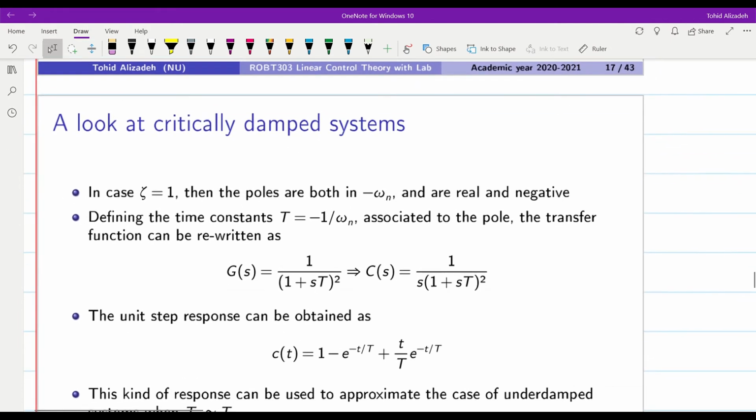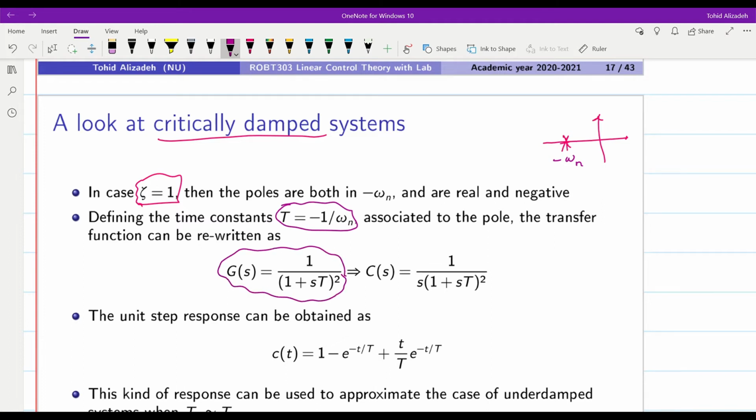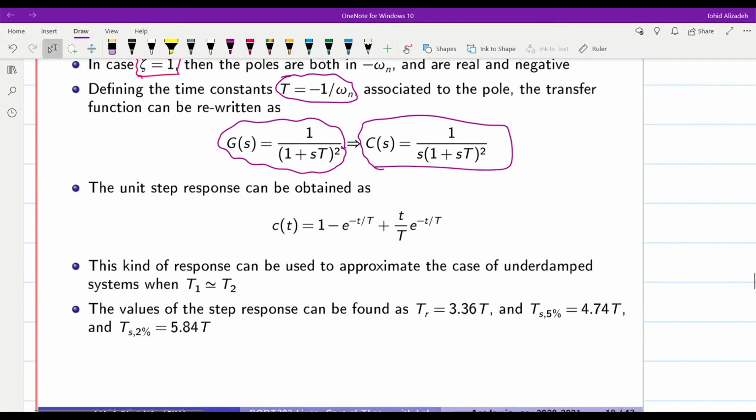Then the critically damped systems happen for zeta equal to 1. There are two poles at the same location at minus omega n. Both of them are real and negative. We can define the time constant as T equal to minus 1 over omega n and rewrite the transfer function for the system in the form of 1 over (1 plus s T) squared, which gives us the step response as 1 over s times the denominator, (1 plus s T) squared.